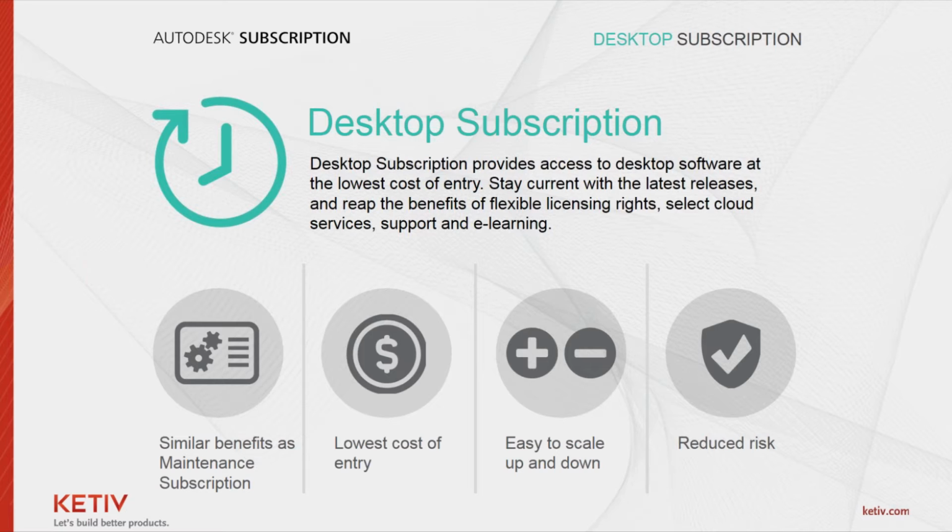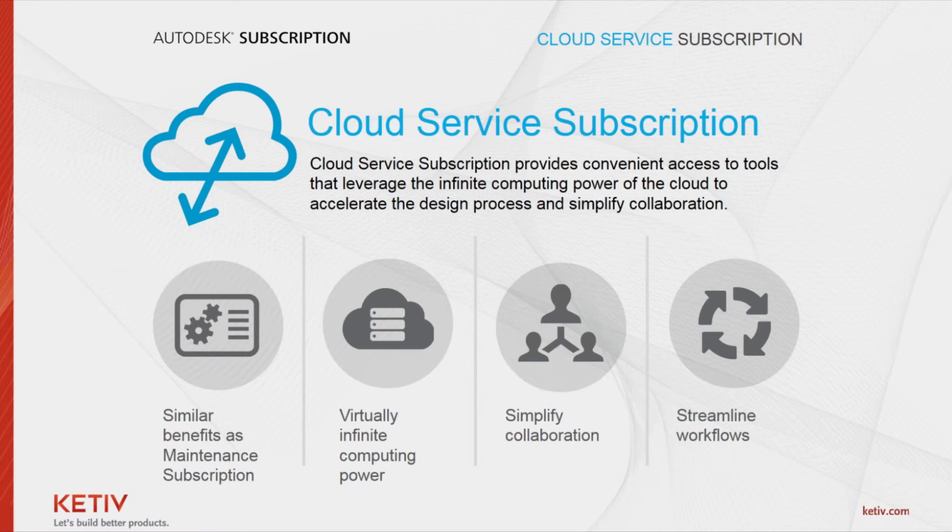Some of the benefits our customers see are the lower cost of entry and the ability to use licenses like this when you have a workforce that may be temporary. You can buy these types of licenses for those employees, so it makes it easy to scale the licensing up and down as and when you need it. And then the last option, which is cloud, runs in the cloud. The software and data are actually stored and running in the cloud.